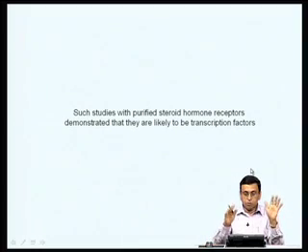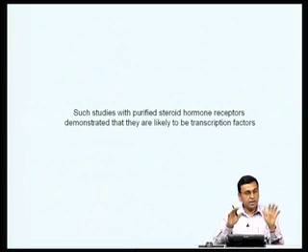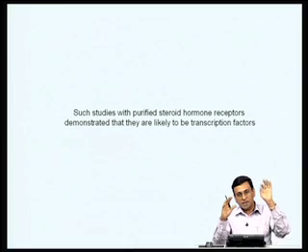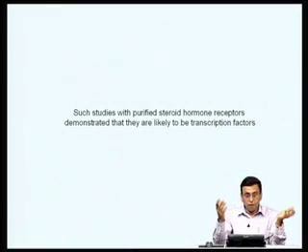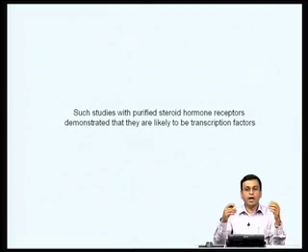Such studies with purified steroid hormone receptors demonstrated that they are likely to be sequence specific DNA binding proteins, and likely to be transcription factors. So this is what emerged from many of these biochemical studies: classical ligand receptor interaction studies, understanding the kinetics of binding and affinity of these ligands to their receptors, biochemical purification techniques, followed by cellular localization using immunofluorescence, and, more in the late 70s and early 80s, some molecular biology techniques.